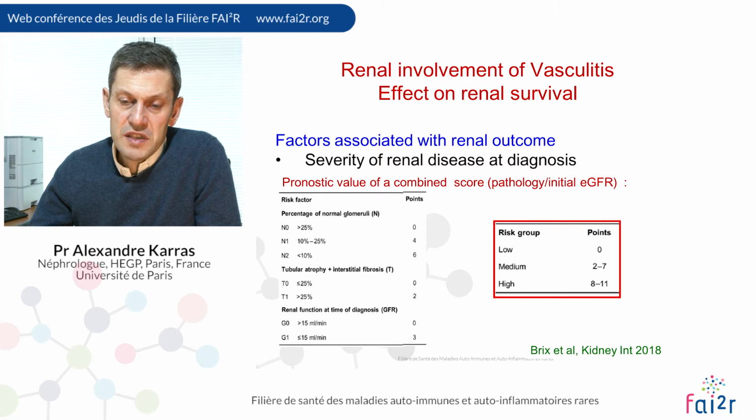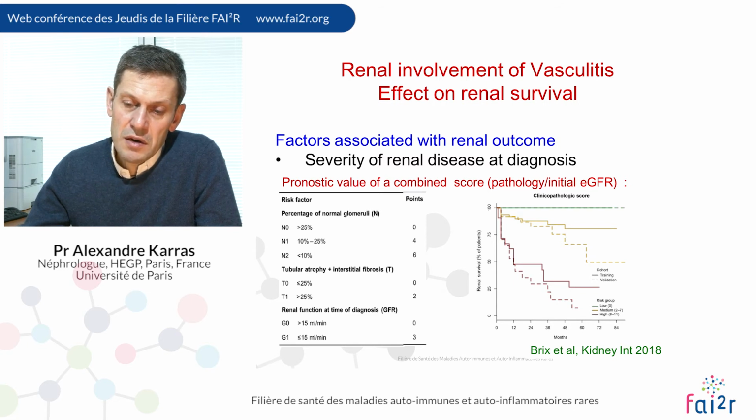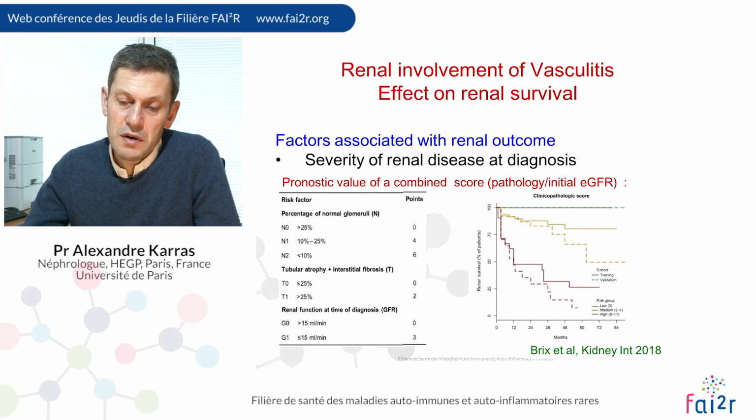You can give some points to your patients and separate them into three groups: low, medium, or high risk category. And when you look at the survival curves, you can see the difference. Patients with zero score have no risk of reaching end-stage renal disease, but patients with very high scores have a median survival of 50% at 2 years from diagnosis.